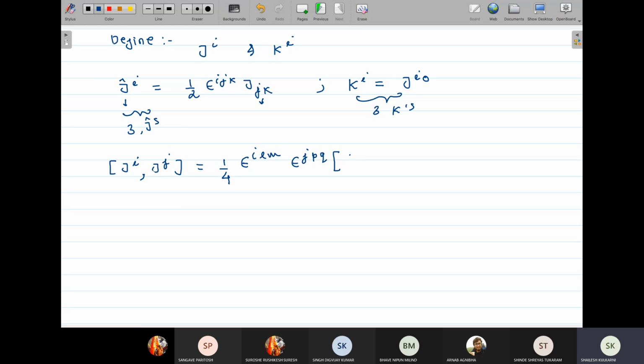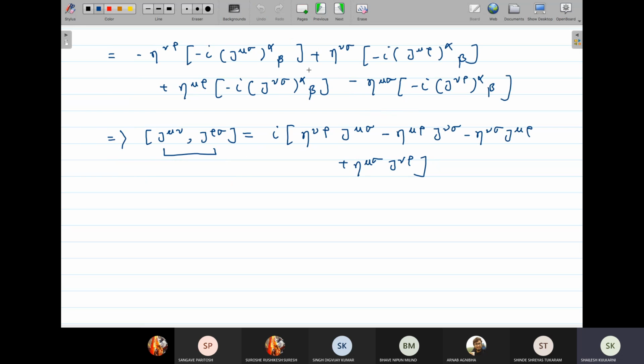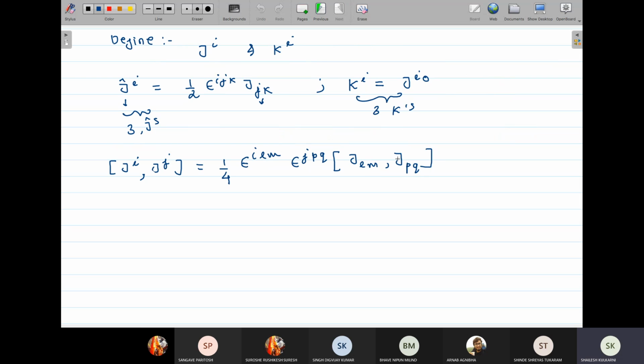Then this will be the commutator of Jlm with Jpq. I know what this commutator is because I know the general expression. What you will get is the following.